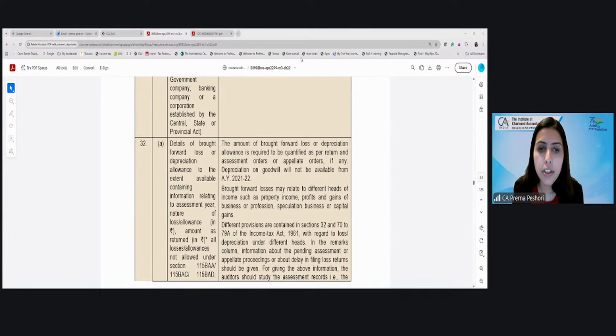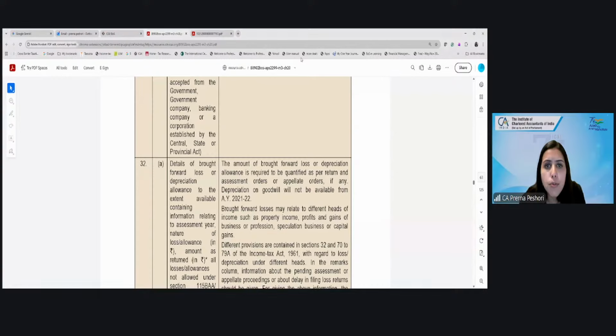Which losses are not allowed under that section? Loss from house property, yes. Then any losses which are pertaining to the deductions not allowed, right?